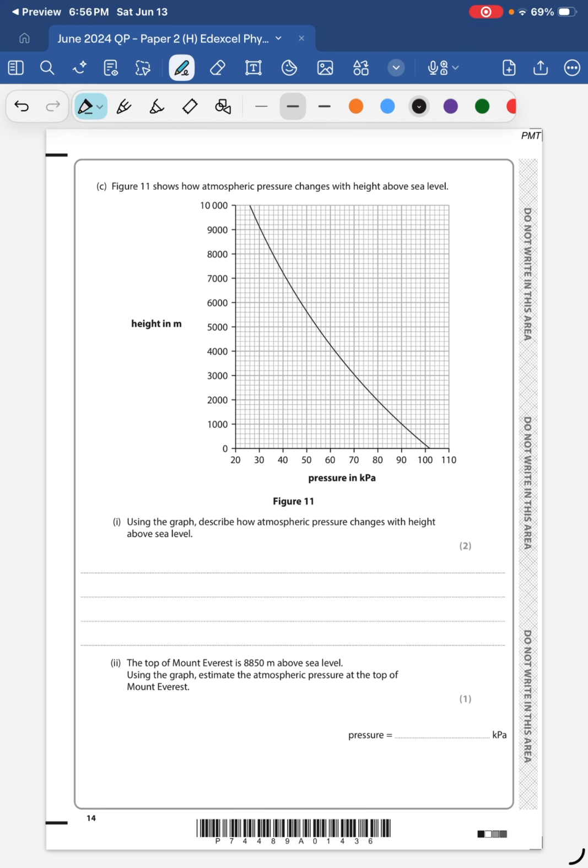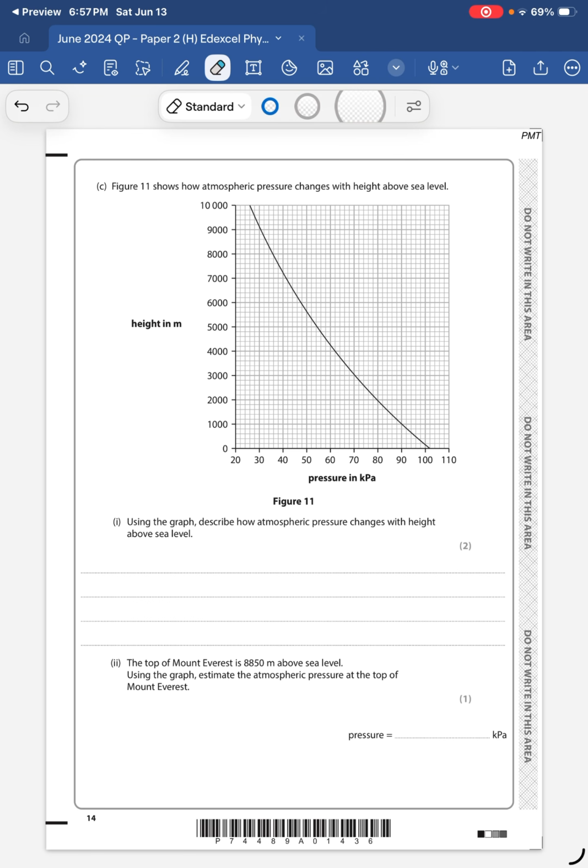Figure 11 shows how atmospheric pressure changes with height above sea level. So pressure reduces as we go up. That makes sense. Question I, using the graph, describe how atmospheric pressure changes with height above sea level.